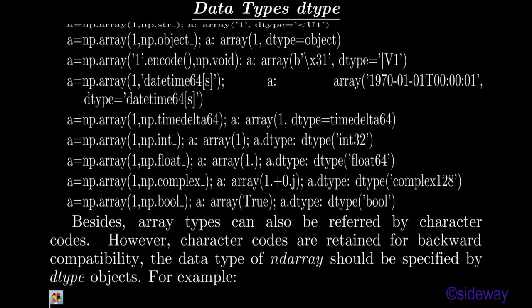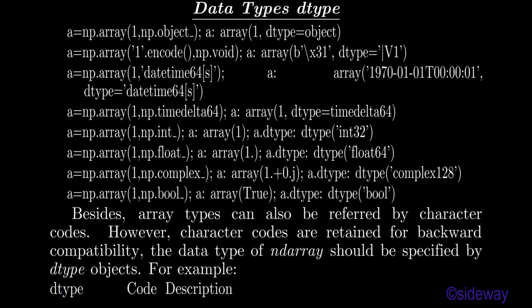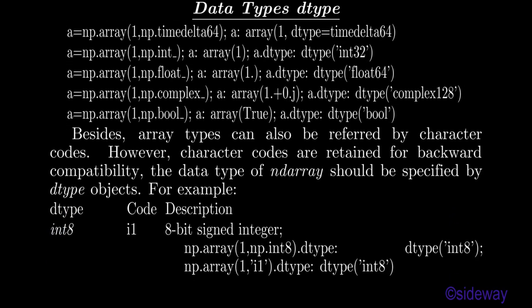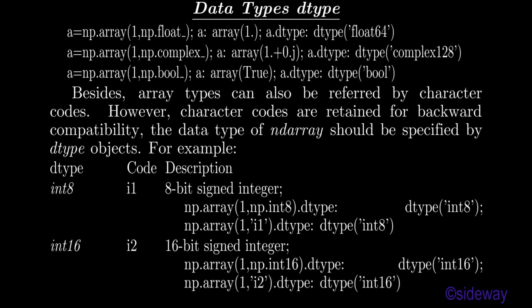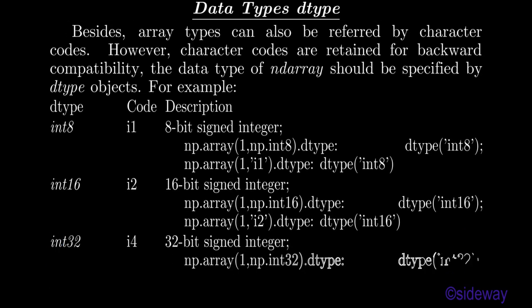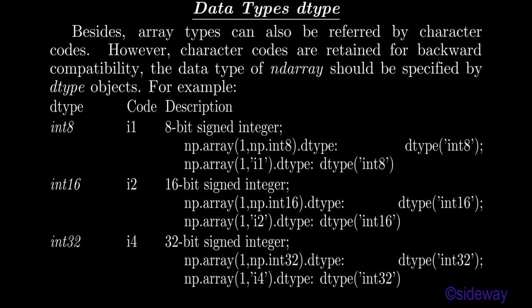For example: dtype int8, code i1, 8-bit signed integer, np.array([1], np.int8), dtype int8, np.array([1], 'i1'), dtype int8. int16, i2, 16-bit signed integer, np.array([1], np.int16), dtype int16, np.array([1], 'i2'), dtype int16. int32, i4, 32-bit signed integer, np.array([1], np.int32), dtype int32, np.array([1], 'i4'), dtype int32.